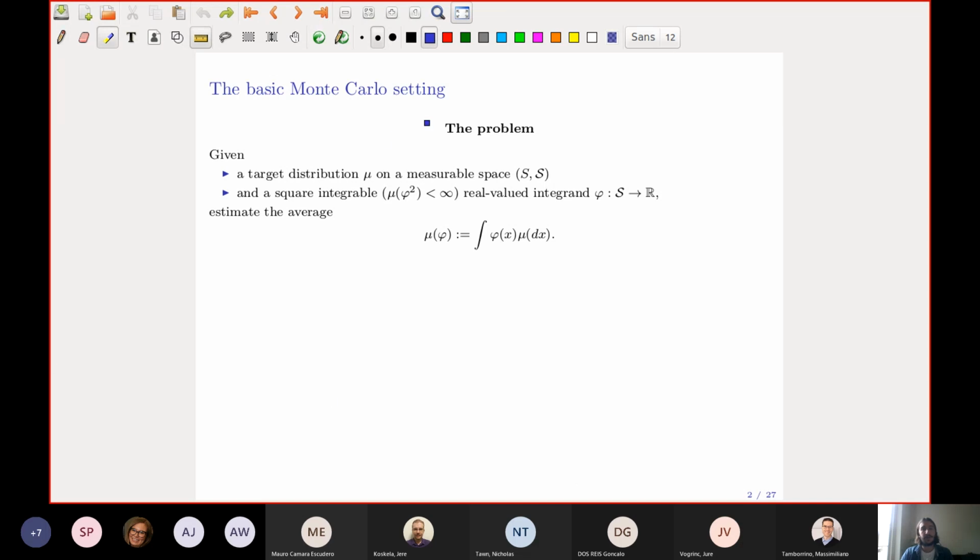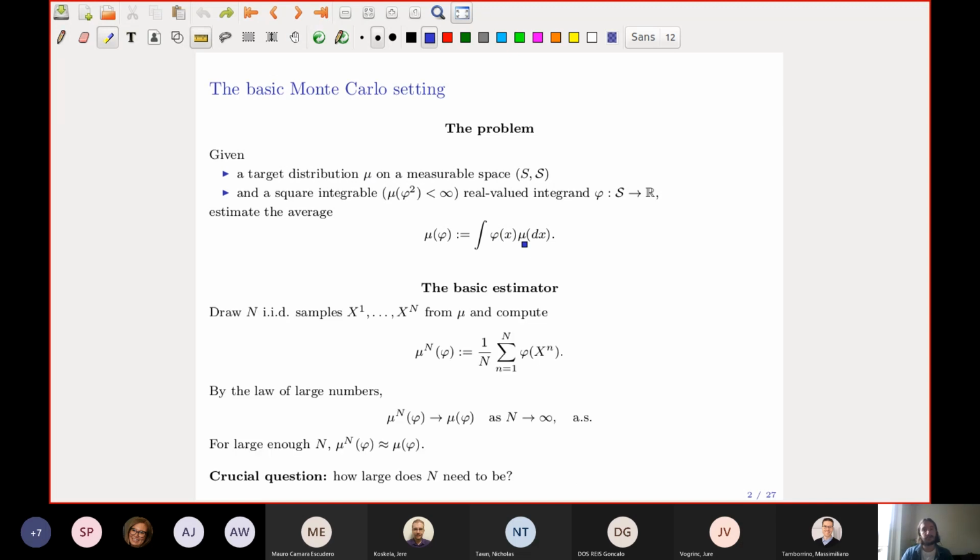I promise simple, and I can't think of a simpler starting point than the basic Monte Carlo setting, in which we're given some target distribution mu on some underlying space and some real-valued function phi on the space, and we're tasked to compute this integral here, the average of phi with respect to mu. Now, if you open any introductory text on Monte Carlo, probably the first thing you'll come across is the IID estimator.